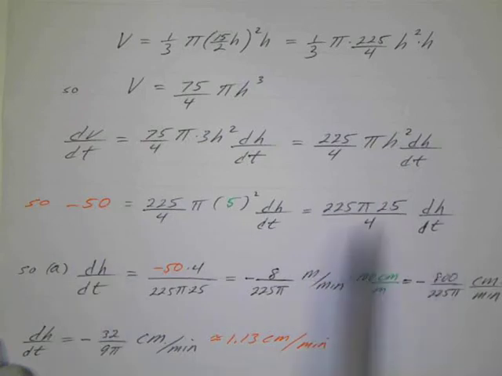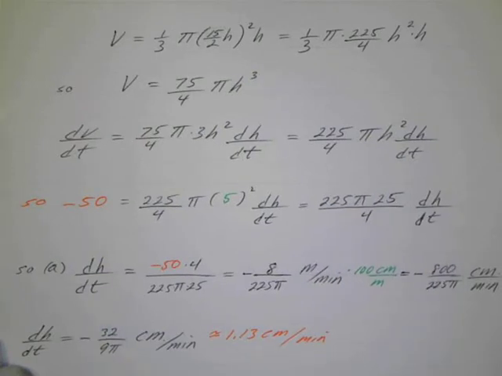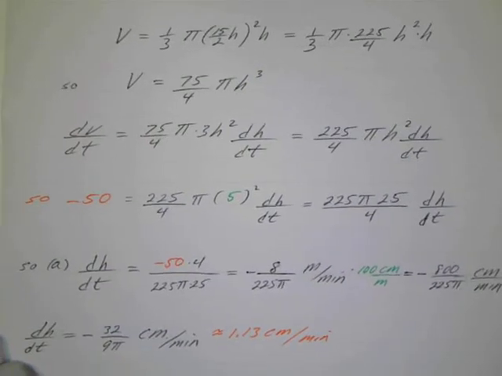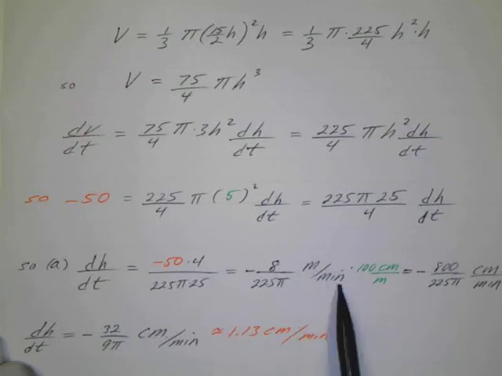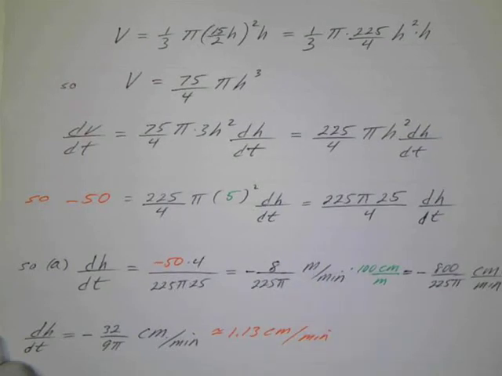And that's going to give me dh/dt. I hope you can follow that. Okay, and then 25 goes into 50 twice, 2 times 4 is 8, so I've got negative 8 all over 225 pi. Now that's meters per minute, but I want it in centimeters per minute.